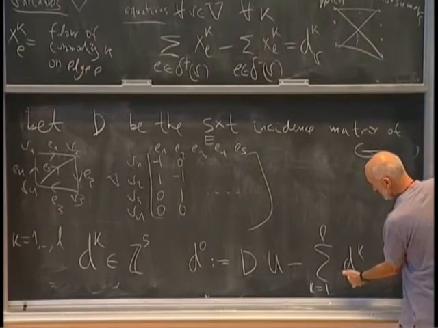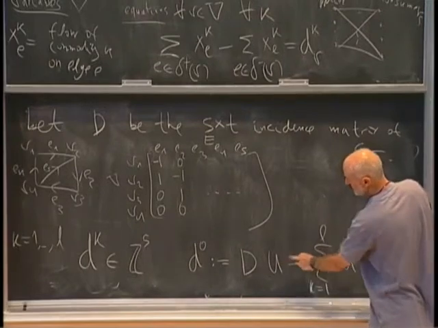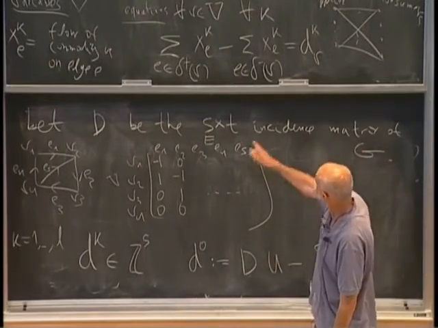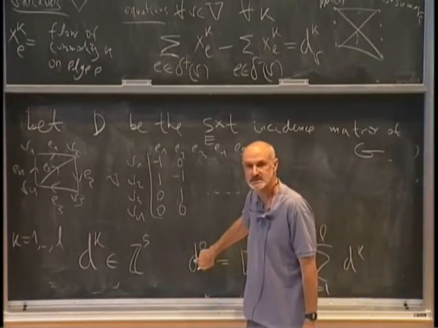This is part of the data, the demands for the commodities 1 through L. U, the capacity, is part of the data. The matrix D defines the graph, so it's also part of the data, and then this is determined.